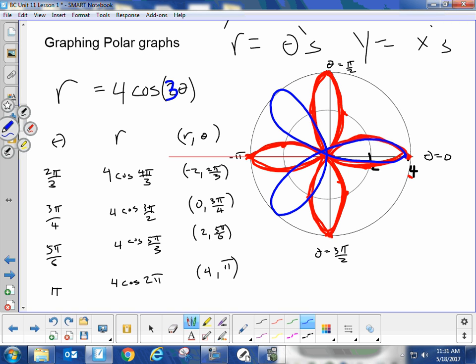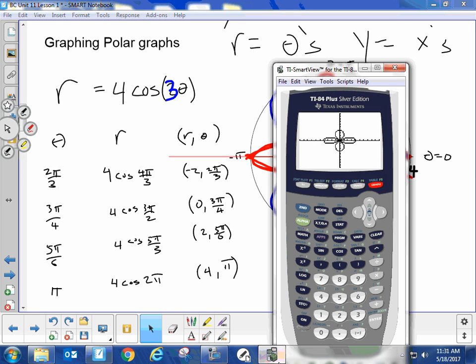Now, I'd like you to do something for me. In your calculator, go back into y equals. We have it changed to 3 theta. Change this line to a line with a circle after it, a dashed circle. And go ahead and press graph again and look at it. Observe something that I want you to observe.